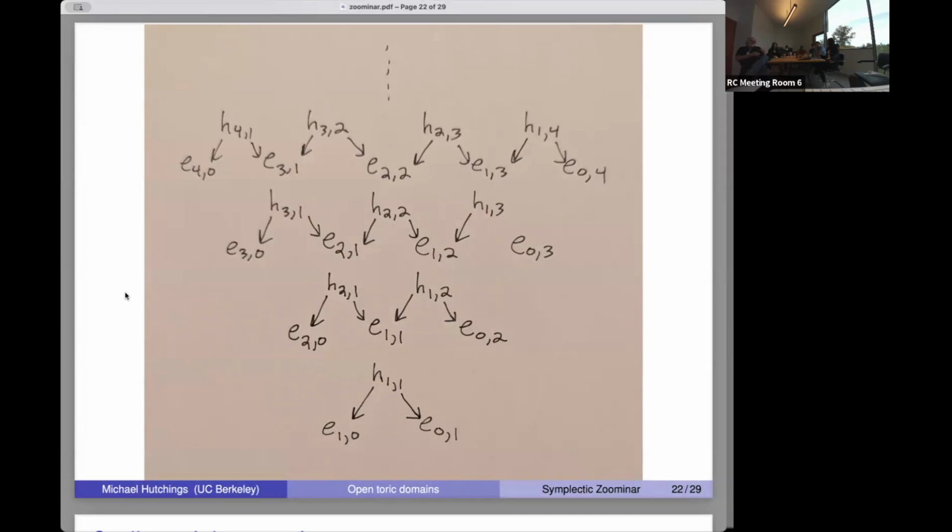You can ask the question about this line in R2 with its normals and heights, and then it's just a combinatorial question whether the set of all actions where A plus B equals K describes the graph.